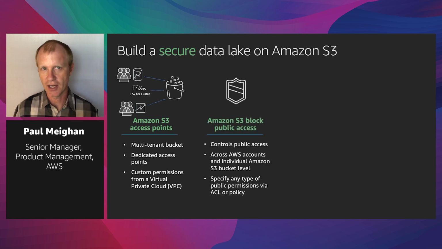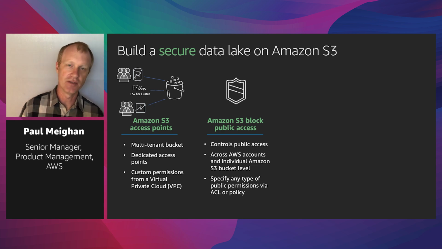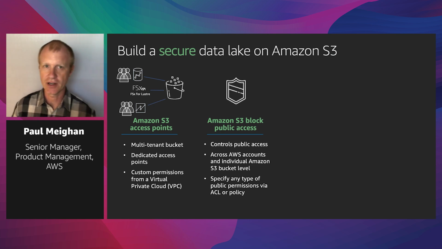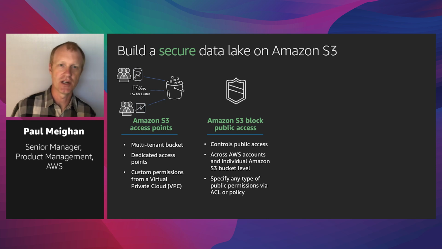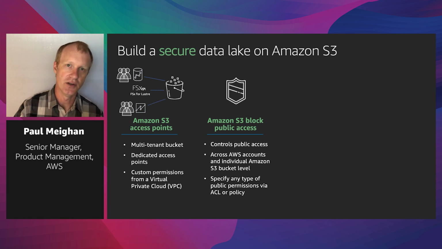We also have a feature called block public access. Data lakes are very commonly private. They're very commonly not meant to be shared out to the public internet. Block public access allows you to control access to your data in a very easy way. It's that blunt instrument that allows you to say, hey, no public access to these buckets. You can apply block public access at the bucket level, on a bucket by bucket basis.